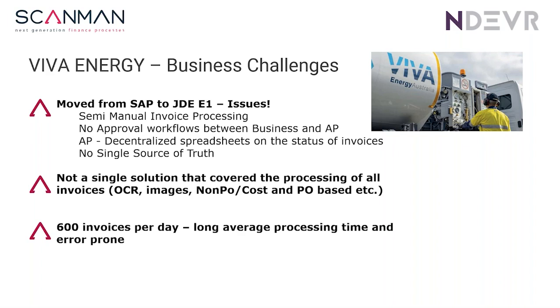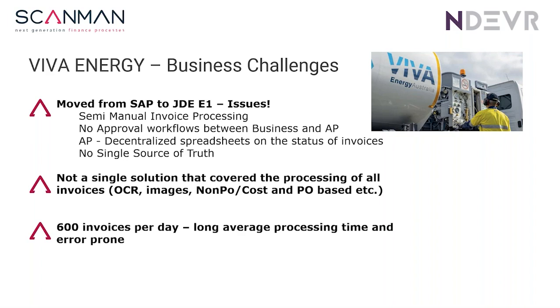At that time, it was a semi-manual invoice process, a combination of some manual interventions and also some automation. And something very essential within the organization is that there were no approval workflows between the business and the AP. So that itself was quite a manual process.